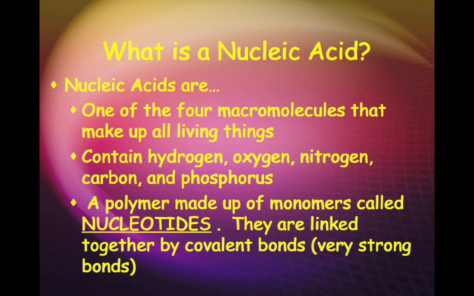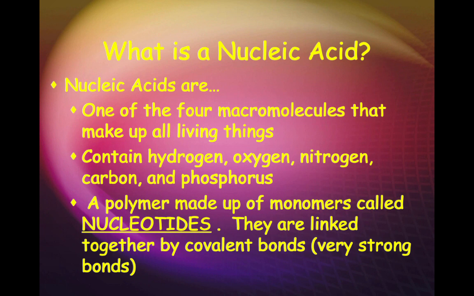Like all organic compounds, they contain carbon, hydrogen, and oxygen, but nucleic acids also contain nitrogen and phosphorus. Now, the monomer that makes up a nucleic acid is called a nucleotide, and they're linked by bonds that are very, very strong, and these are covalent bonds. So this is a pretty strong and durable molecule.